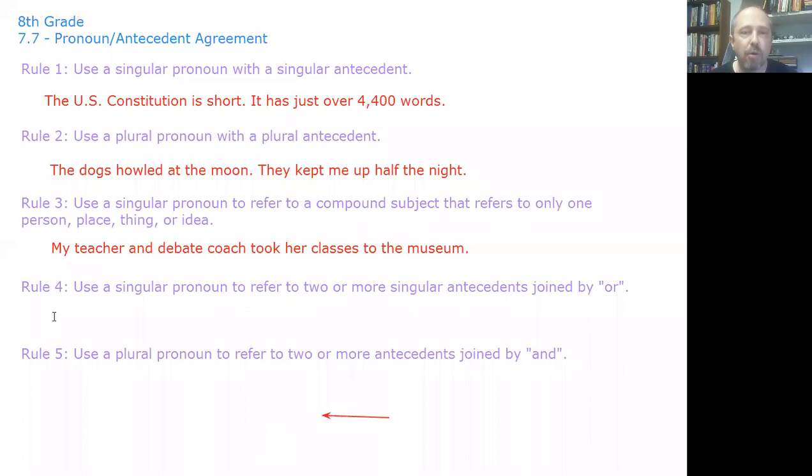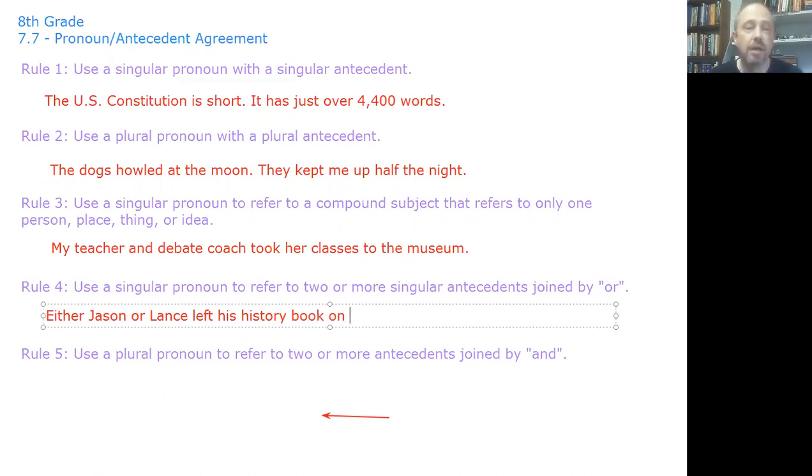And then a singular pronoun with 2 or more antecedents that are joined by or is treated as singular. So for example, either Jason or Lance left his history book on the table.